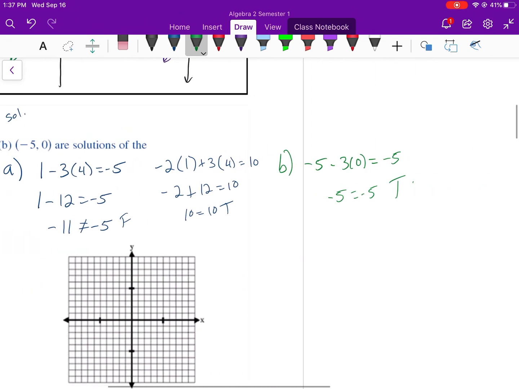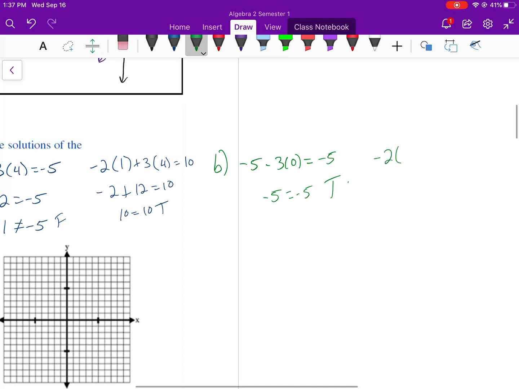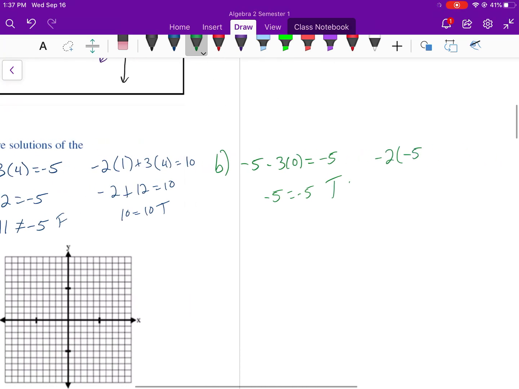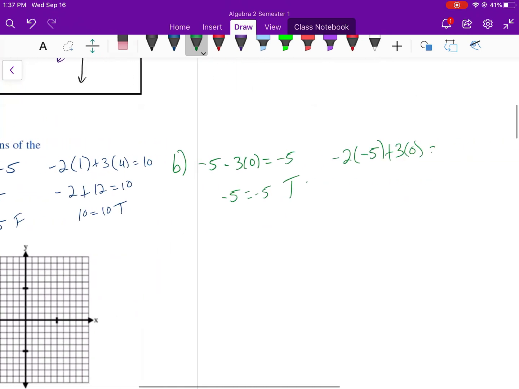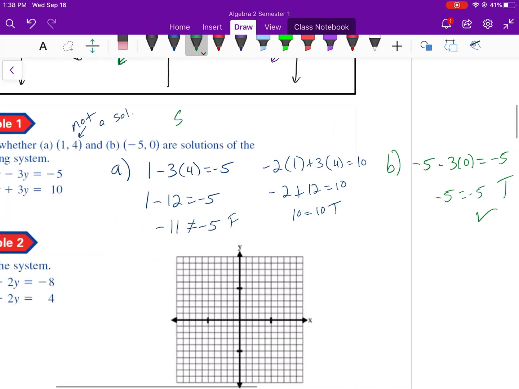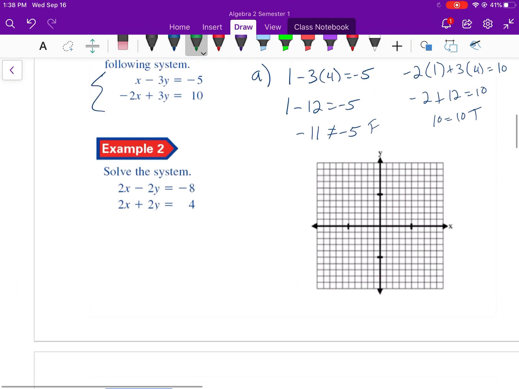Negative 2 times negative 5 plus 3 times 0 equals 10. And 10 does equal 10. So we get a true statement for both. Therefore, since we get true statements for both, (-5, 0) is a solution. Again, it needs to be true for both equations of the system.